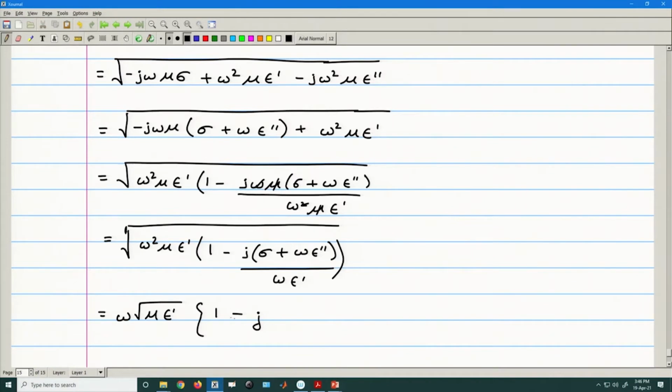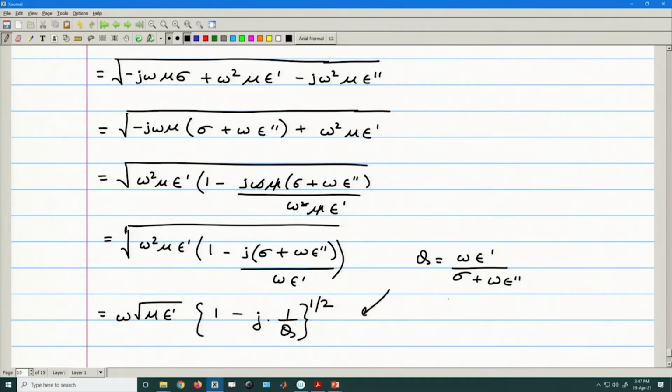So, it will be 1 minus j multiplied by 1 by q, and this is raised to the power half. Because it is given in the question that q is omega epsilon prime by sigma plus omega epsilon double prime. So, we just substituted q in place of it.